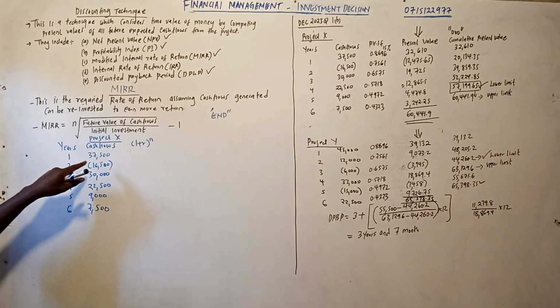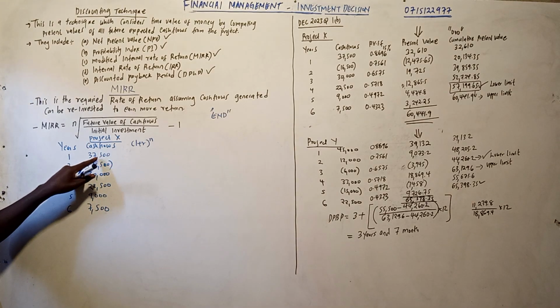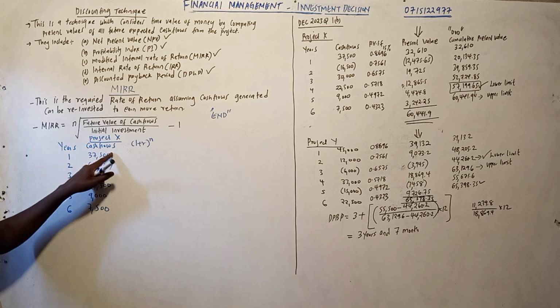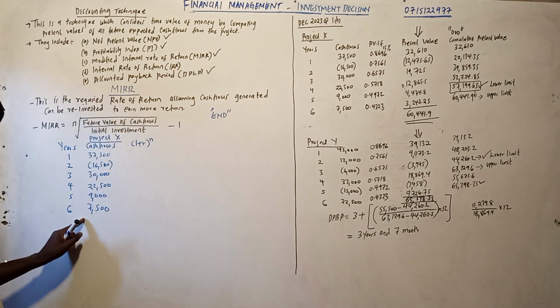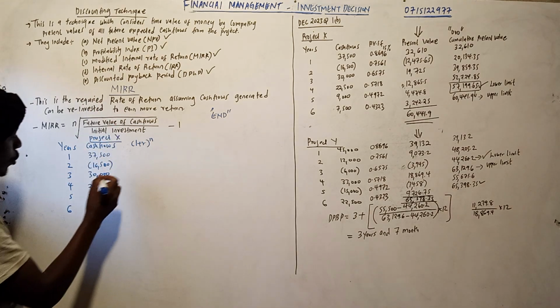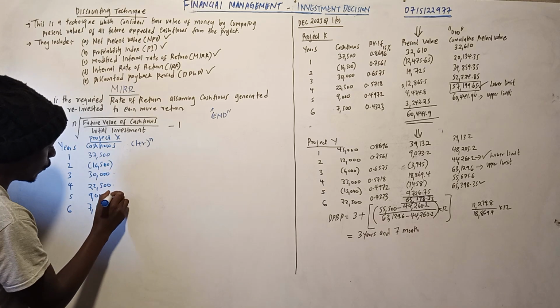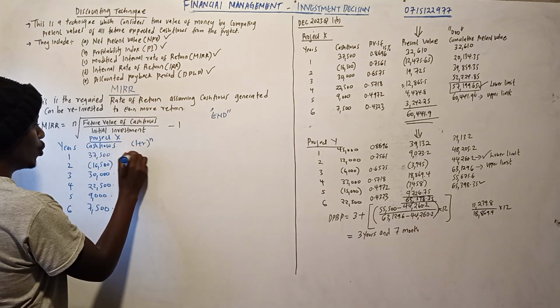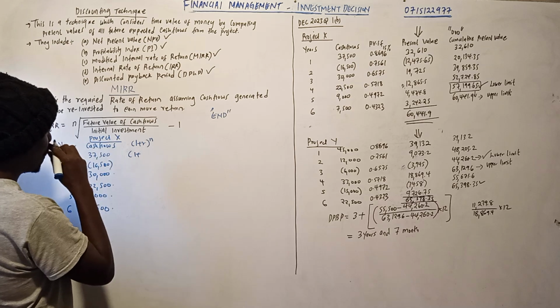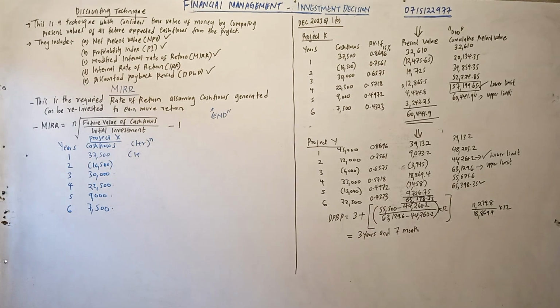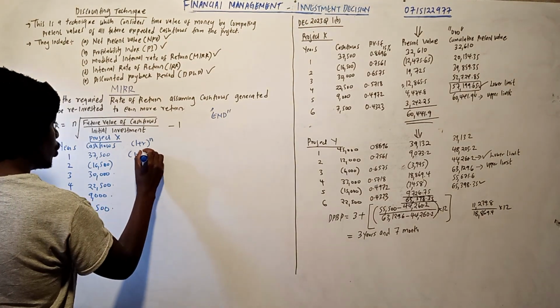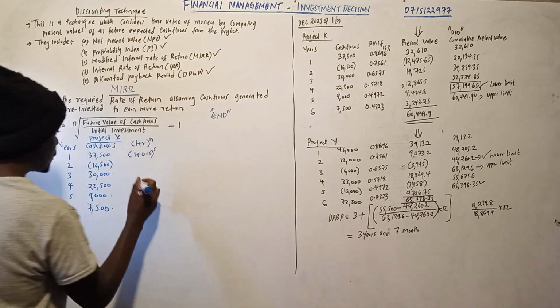Now, if the value at the end of year 1 is 7,500, what will be the value of this cash flow in year 6? How many years to year 6? So count 1, 2, 3, 4, 5. So 5 years to go. 1 plus the rate, which is 15%, so 0.15 raised to 5.